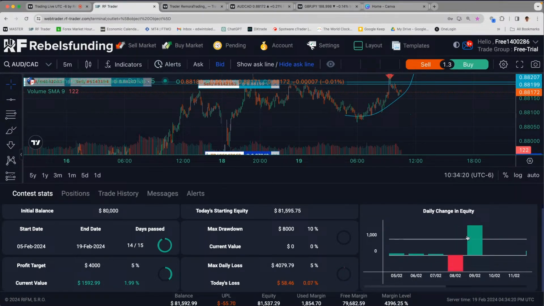This thing was crazy, but other than that, I think we are being consistent. And if you see just the last 6 days, you could tell that this system could prove profitable in the long run.